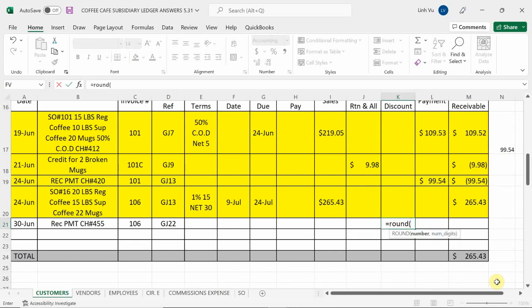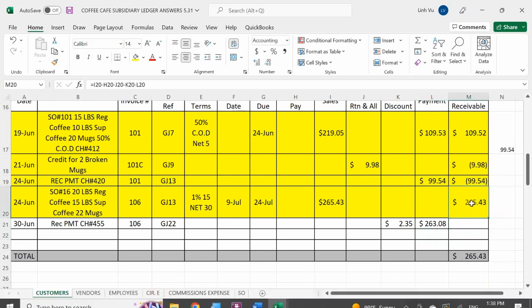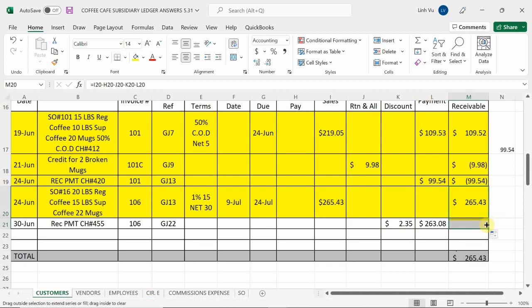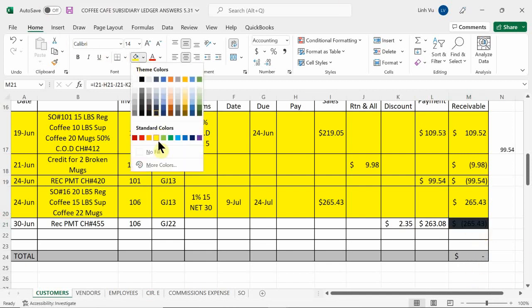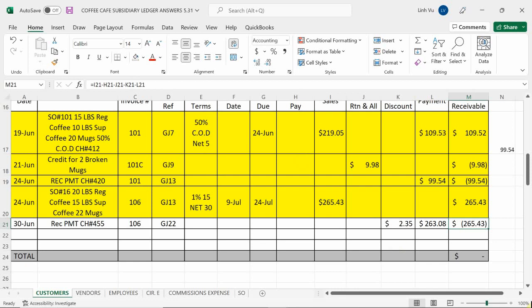We're going to be giving a discount on 235.43 times 1%, comma 2. So $2.35 for the discount. And therefore, they should be writing me a check for $263.08.